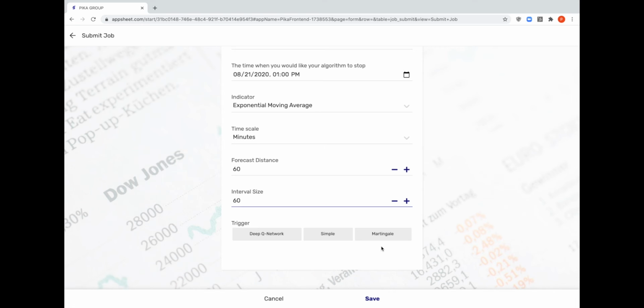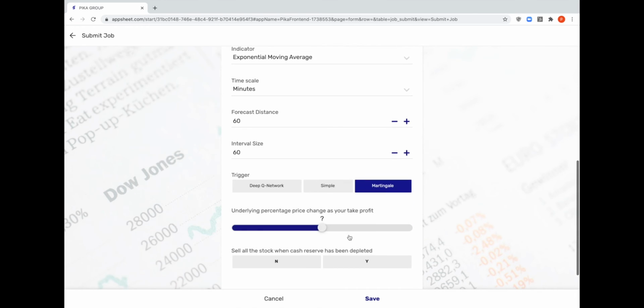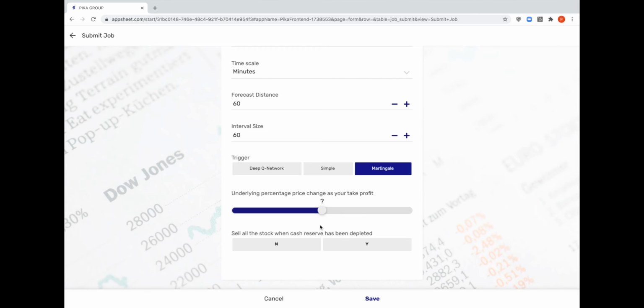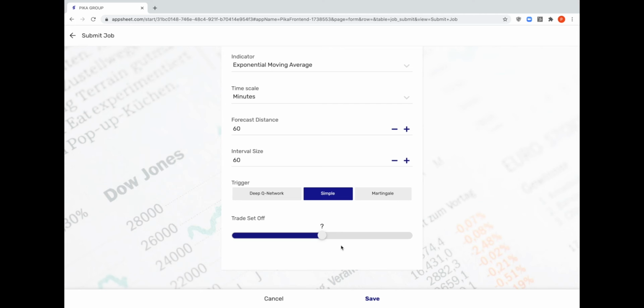And then here you can actually indicate the thresholds for your strategy. For the purpose of this demonstration, I will use the simple strategy, which is the if-else trigger, where if the forecasting price is higher, then you buy. If it's lower, then you sell. And then the trade setoff is a feature that you would like to set for what's the threshold for your buy and sell.